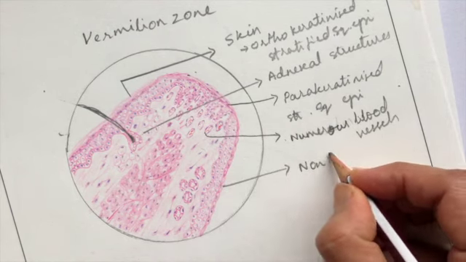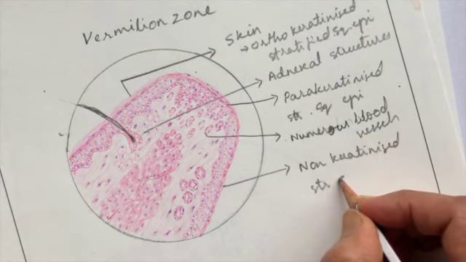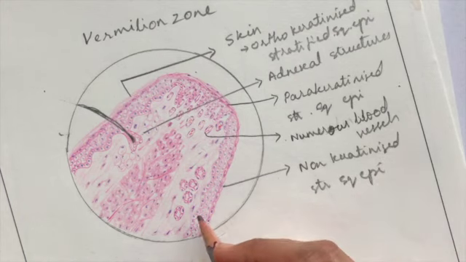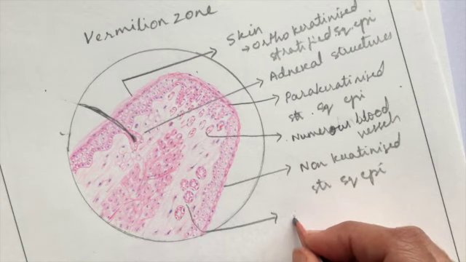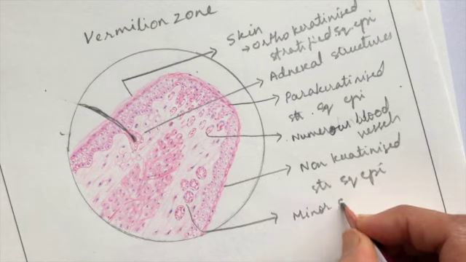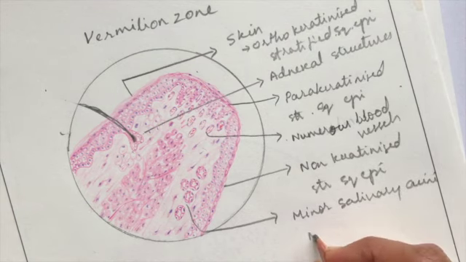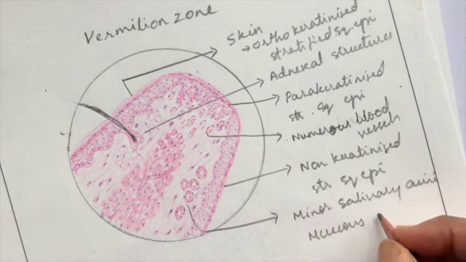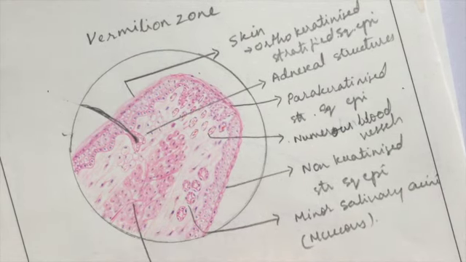It is non-keratinized stratified squamous epithelium, corresponding connective tissue containing minor salivary acini, which is mucus in nature, mucus acini. And we have muscle bundles of orbicularis oris muscle.